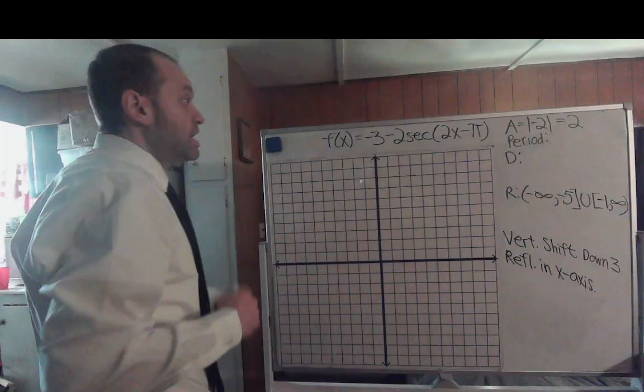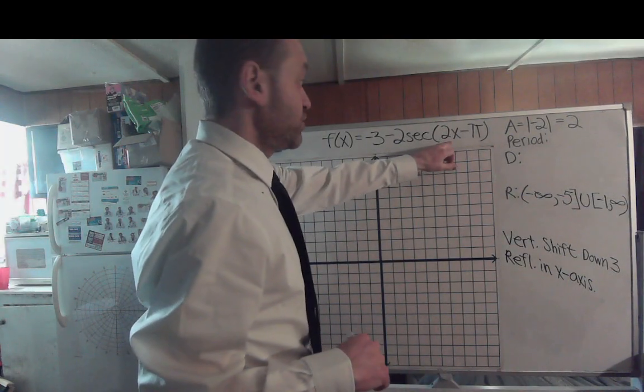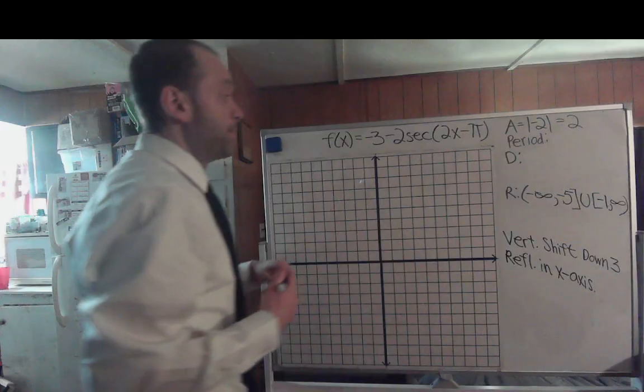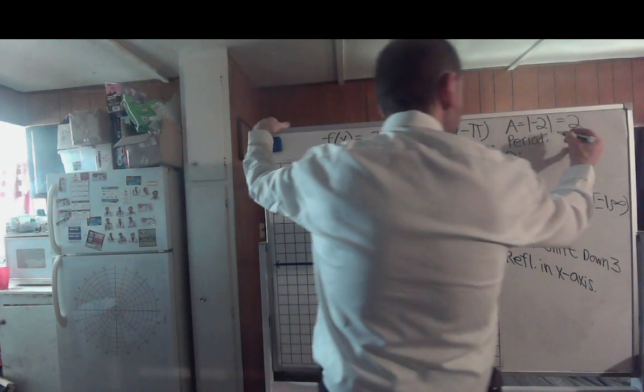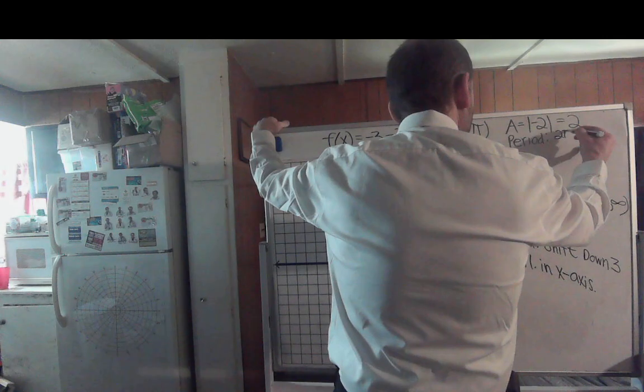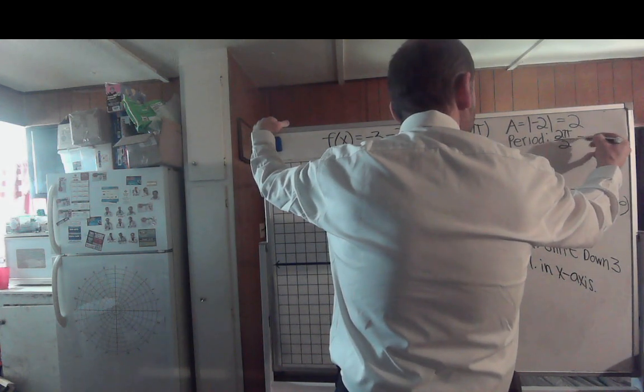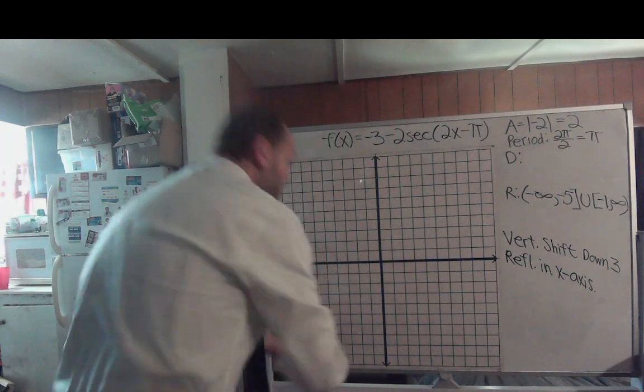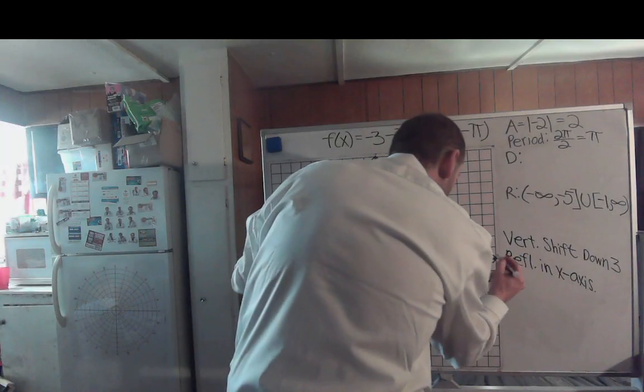Okay. Now the period, the coefficient on the x is 2. So your period is going to be 2 pi divided by 2. That's going to give you a period of pi. At this point, we have enough to actually plot the critical points. Here's going to be 3 pi over 4.